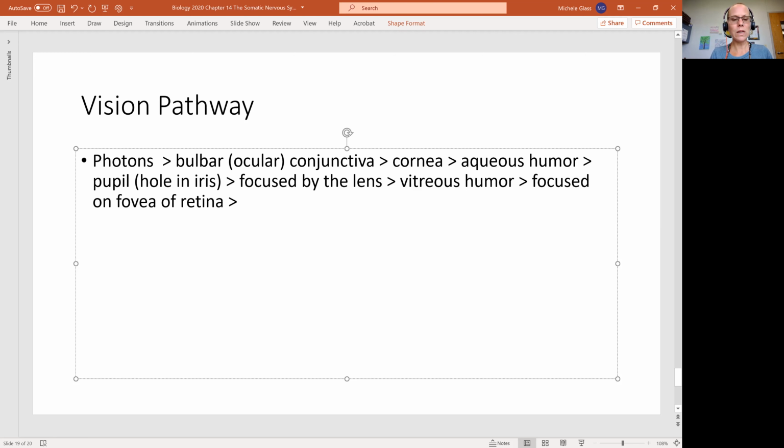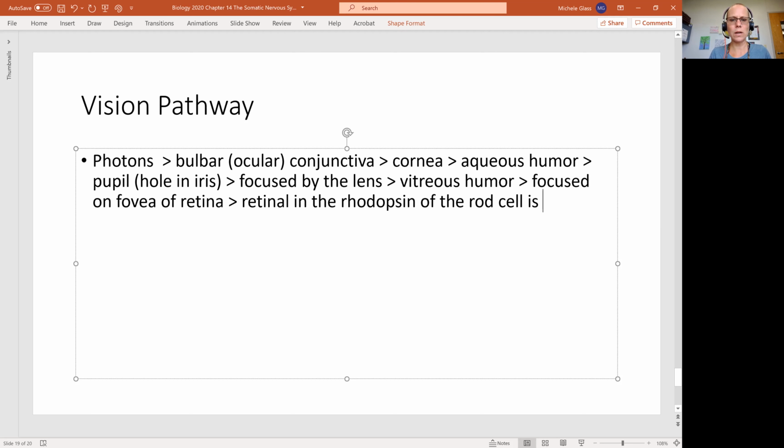Okay, so once we hit the fovea of the retina, now let's go into the cellular level. So now let's say that the retinol in the rhodopsin of the rod cell, and because we didn't go into the exact mechanism in the cone cells, we just did the rod cells.